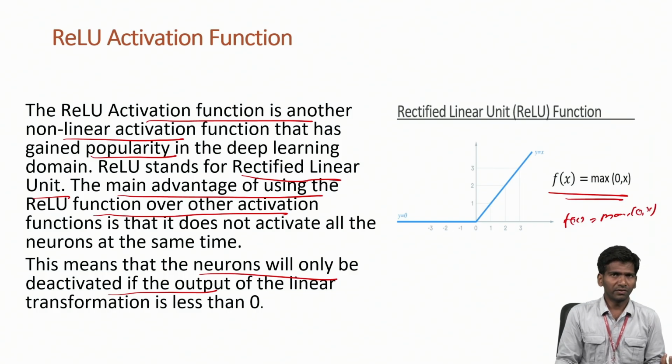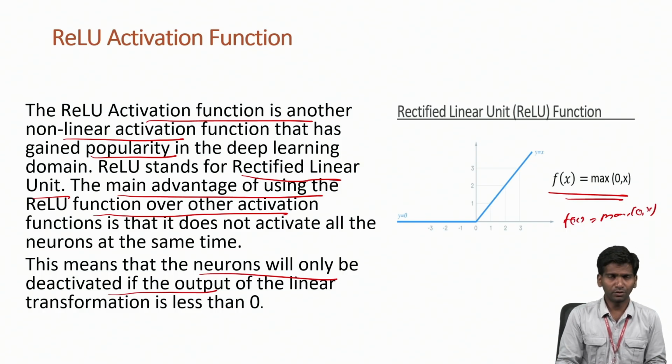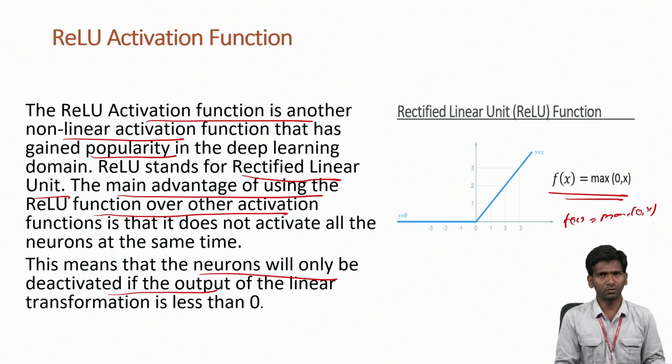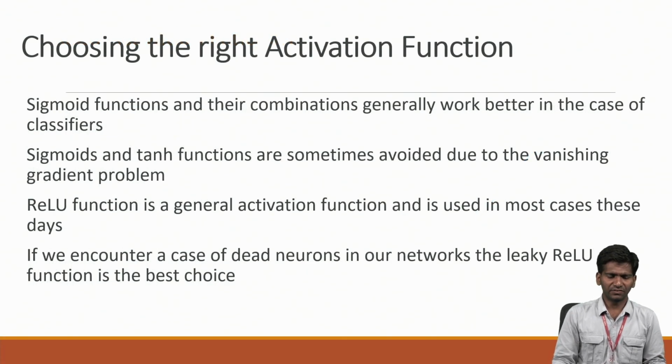If the neuron's value is 0, it will not be activated and will not be considered. Only those with sufficient energy, greater than 0, will be considered, and that too step by step. That's why ReLU is the best out of all the activation functions to overcome problems like the vanishing gradient problem.